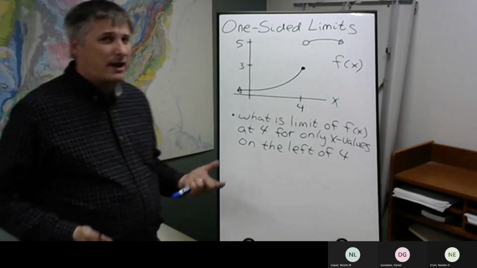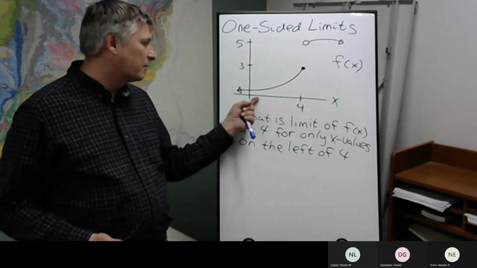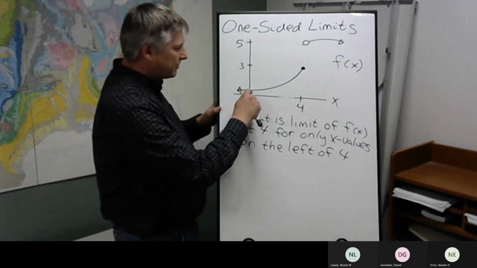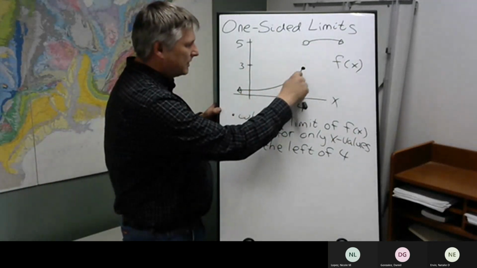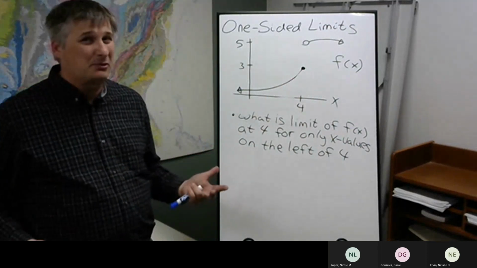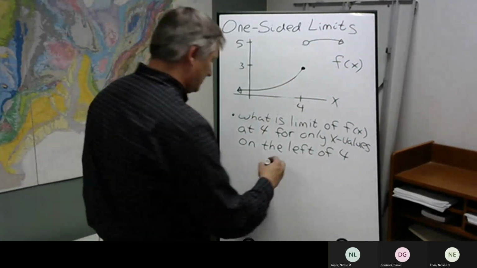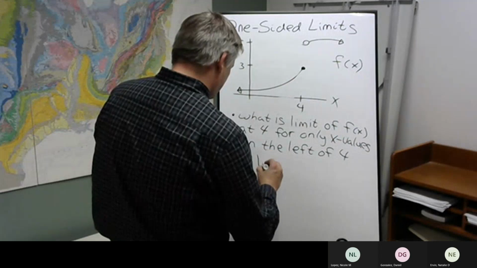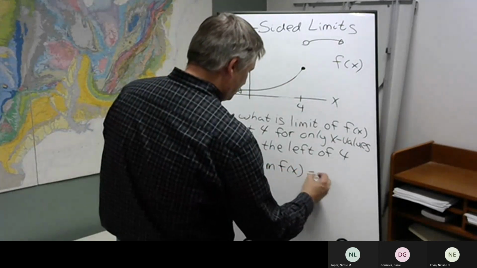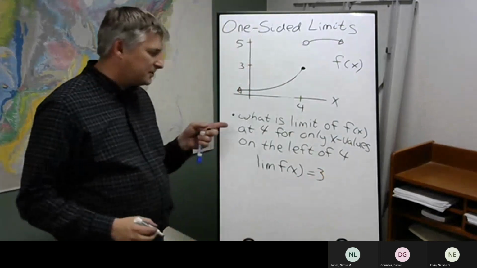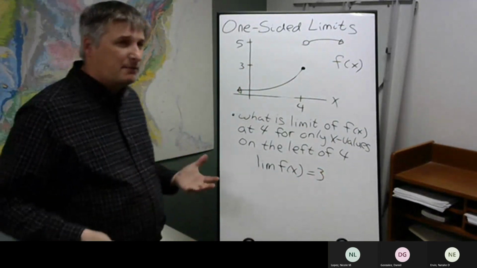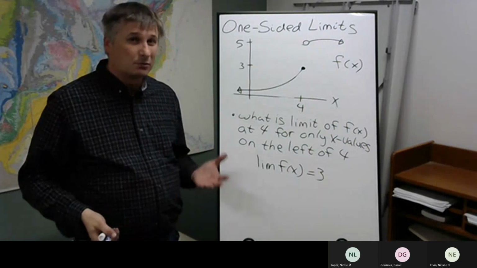So if we think about x values on the left of 4 over here, well, as we approach, get close to 4, the function value is about 3. So this means the limit of f of x for this scenario is going to be 3. Now let's say we only look at the x values to the right of 4.